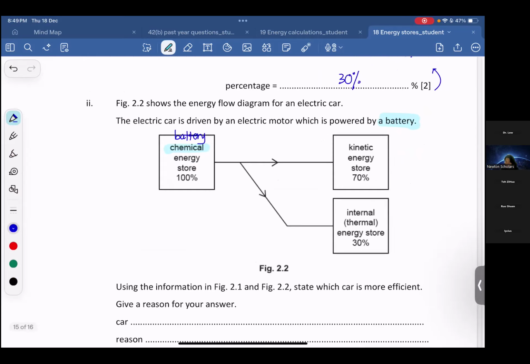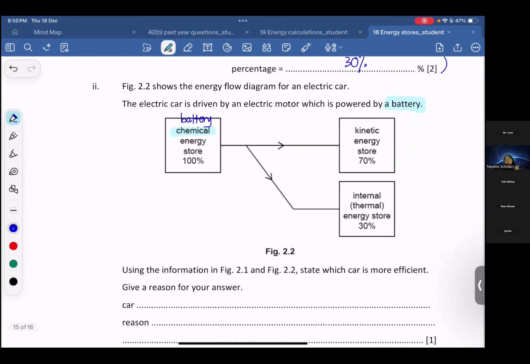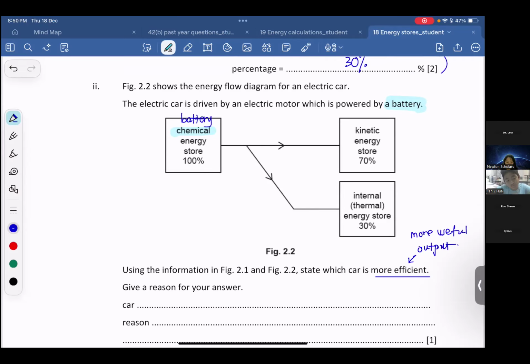Use the information in figure 2.1 and 2.2 to state which car is more efficient. Efficient means what? More useful output. So you are the consumer, you want to buy a car. Which one is more efficient? Choose the car.